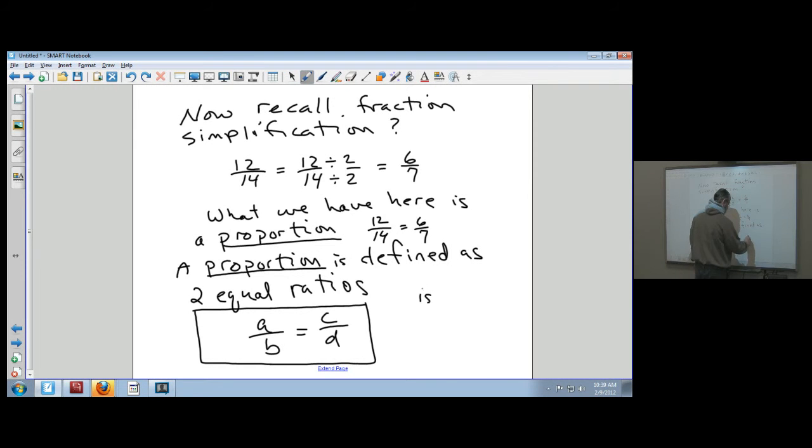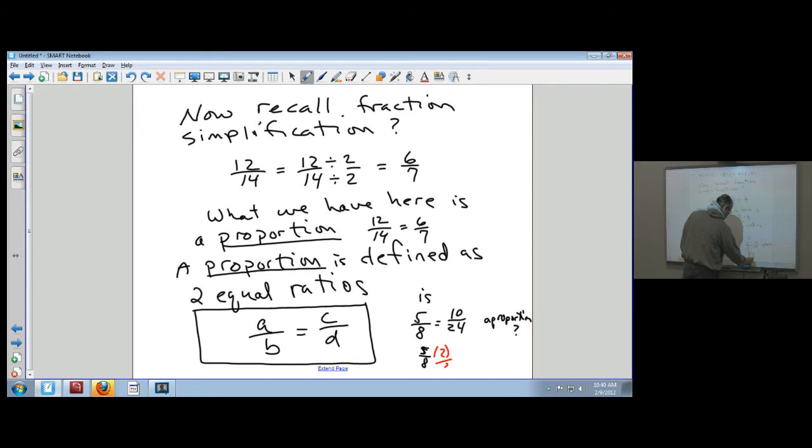Here's an aside note. Is 5/8 equal to 10/24 a proportion? Well, if I want to get from 5 over 8 to 10, I would multiply the numerator by 2.